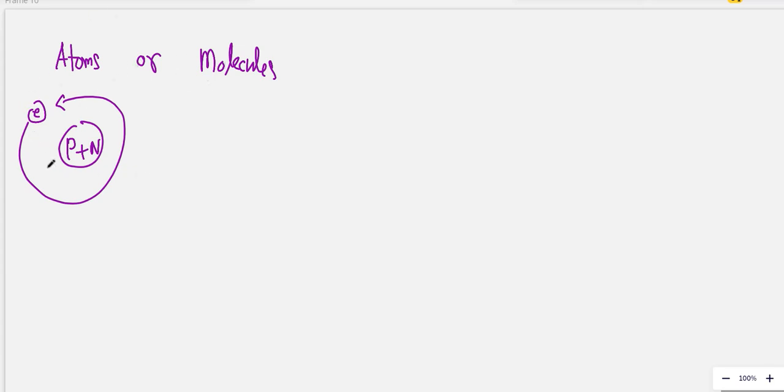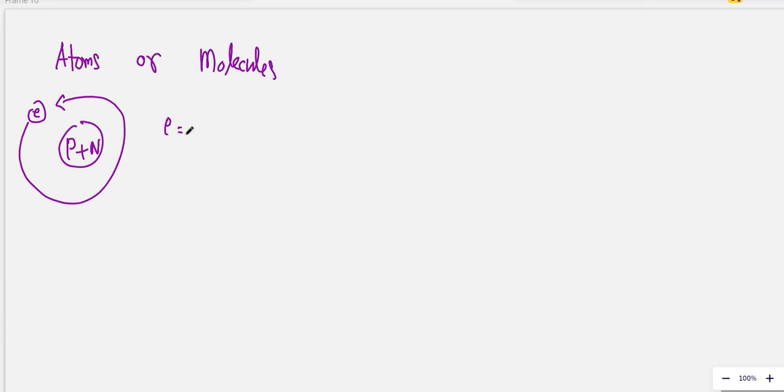So what we call fundamental particles right now are the electron, then the proton, and then the neutron. Electron is obviously a fundamental particle, but proton is made up of other fundamental particles, but we are going to call it a fundamental particle for now.